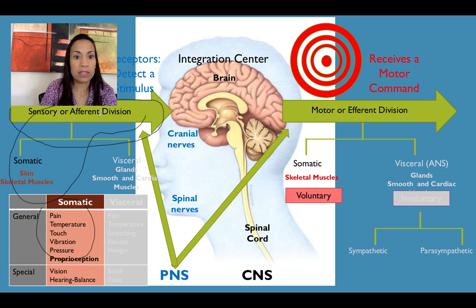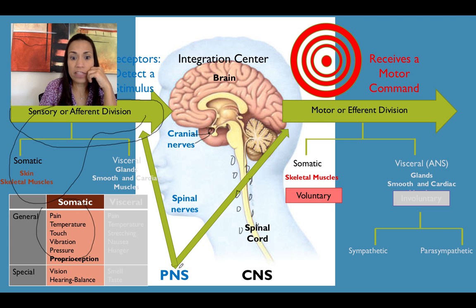We described that way the sensory afferent division, and that information reaches the dorsal root ganglia located on either side of the spinal cord, or some other ganglia that we'll describe later, like the trigeminal nerve, whose neurons relay the information to the central nervous system.